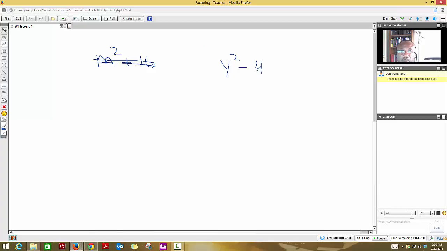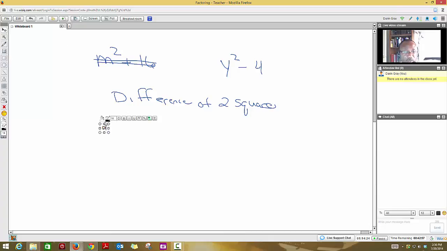y squared minus 4 is a special kind of expression, and we call that the difference of two squares. And you can even make that neat.